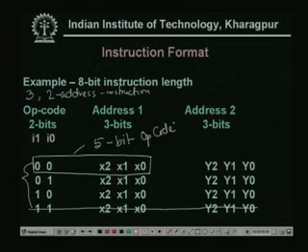Then only these 3 bits of address 2 actually represent the address field of the instruction. So, these 3 2-address instructions I have modified, as if my opcode field extends its length up to the 3 bits of address 1, and it becomes a 5-bit opcode.